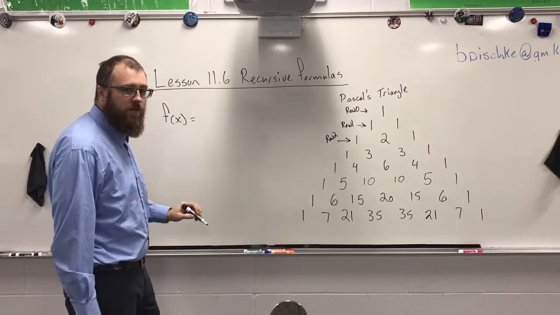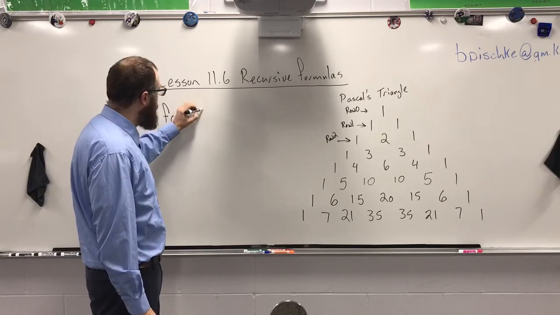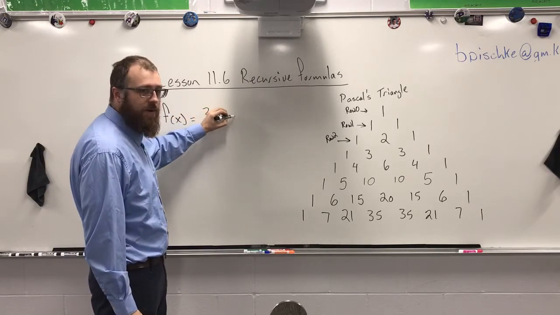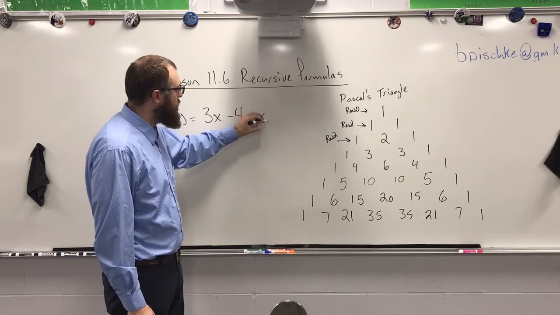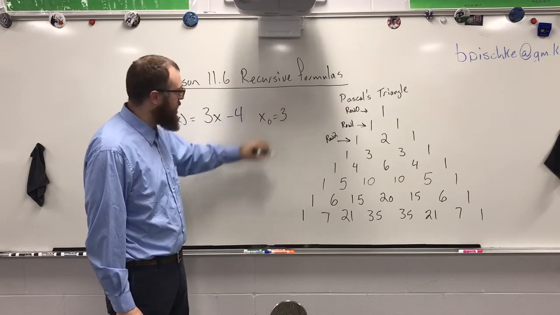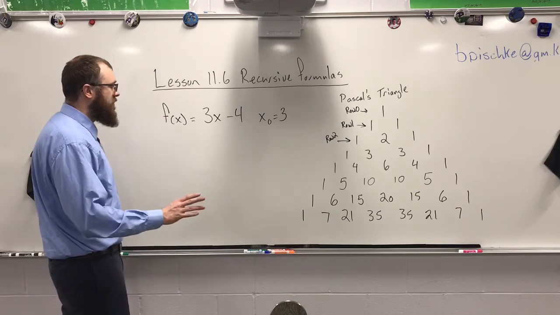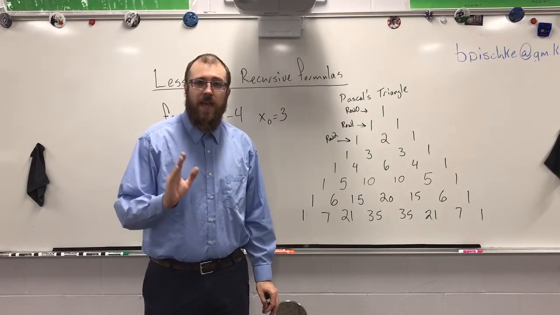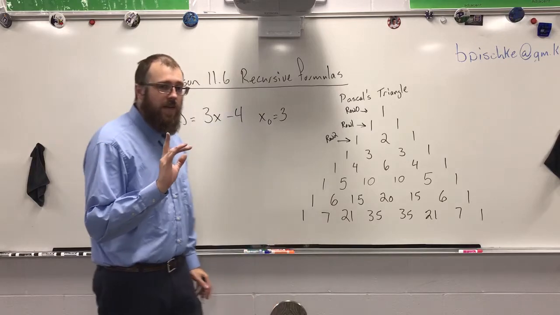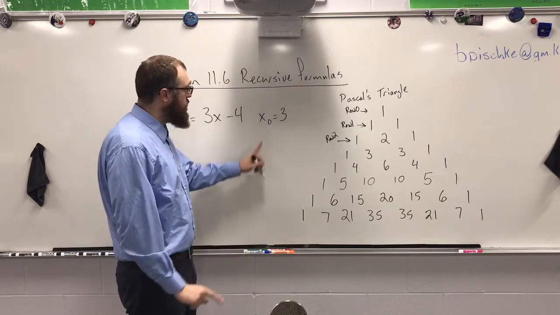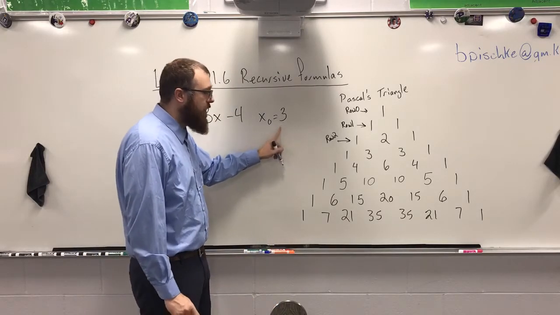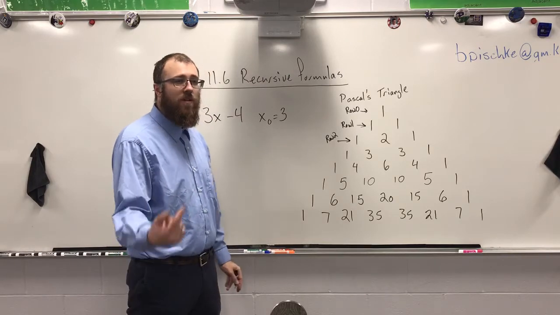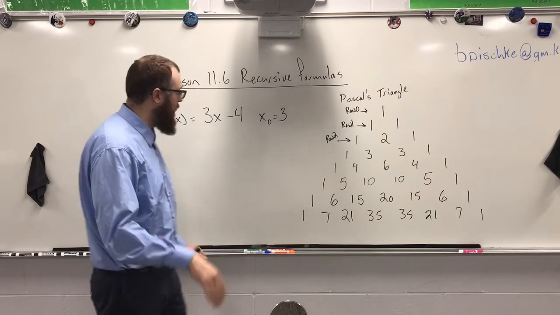So I'm going to work a recursive formula, f(x) equals 3x minus 4 when x0 equals 3. So here's how these work. It's fairly simple. We're going to take the initial number, which is this x0, and plug it into our formula for x.